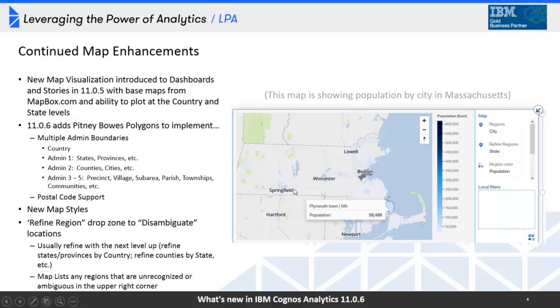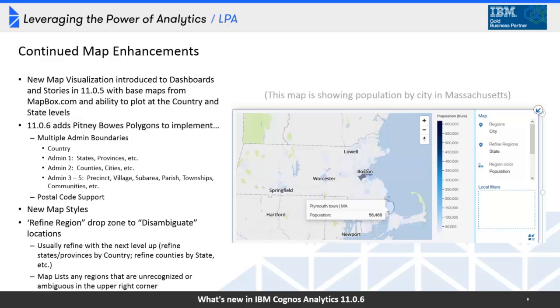In 11.05, they introduced a new mapping widget, and that mapping widget leveraged a new partnership IBM had forged with a company called Mapbox. And in that release, I could map data at the state and the country level.